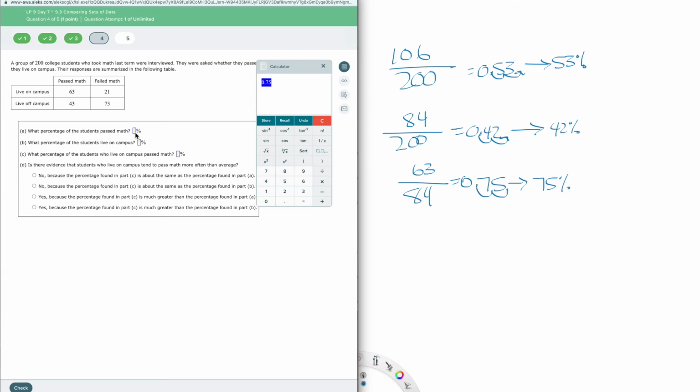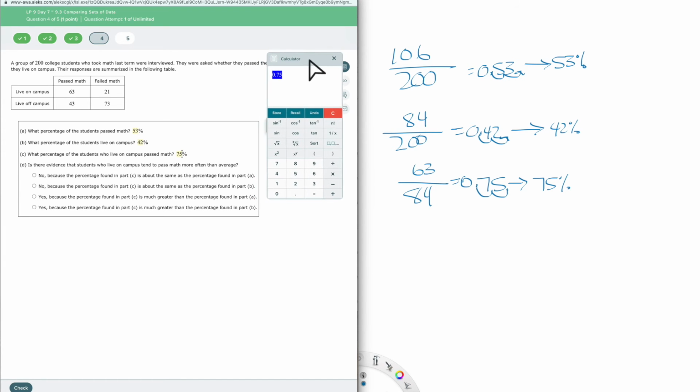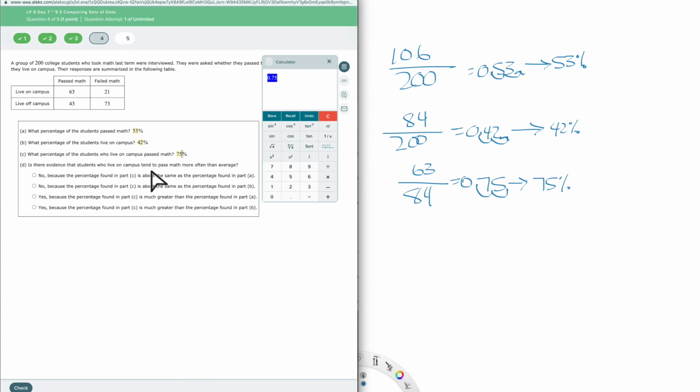So I had 53, 42, and 75. All right, so it says, is there evidence that shows students who lived on campus tend to pass math more often than average?